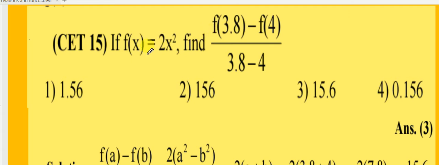So instead of directly substituting 3.8 and squaring it and multiplying by 2, let us consider this in the form of f of a minus f of b by a minus b.